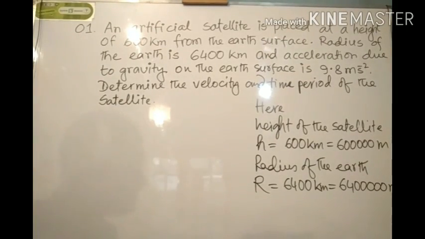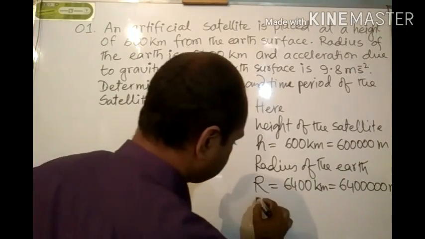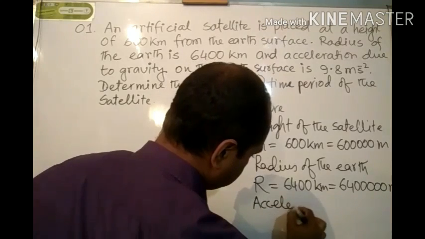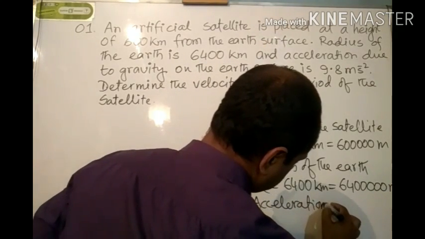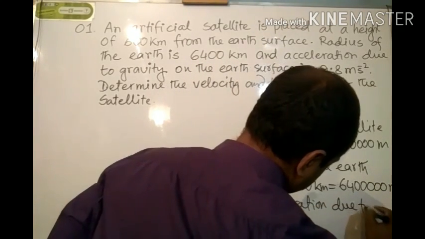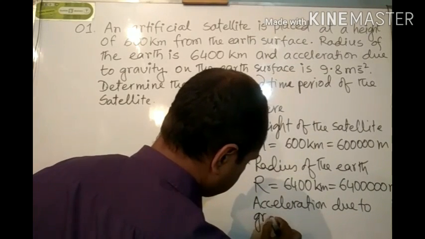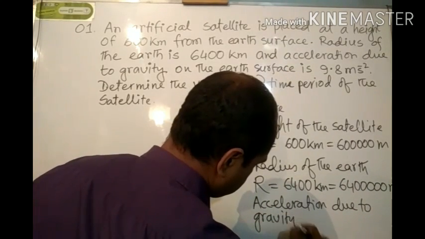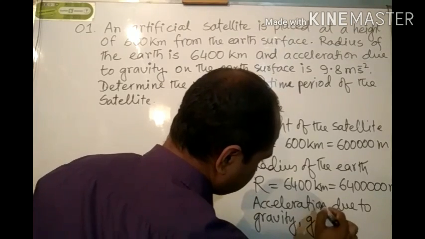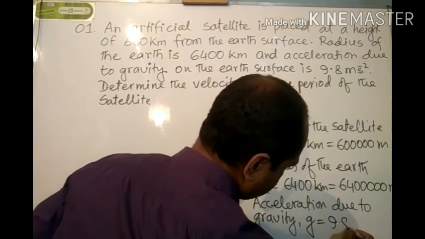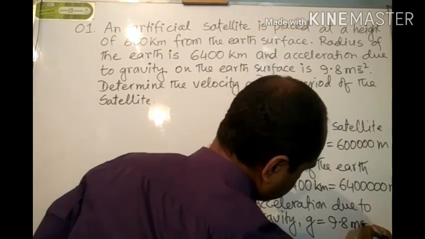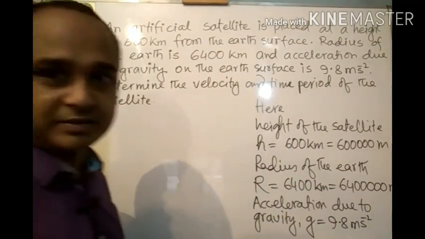Next, the acceleration due to gravity, which is denoted by small g. Small g is equal to 9.8 meter per second square.